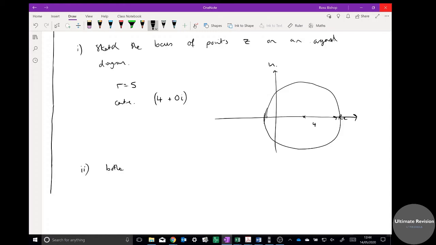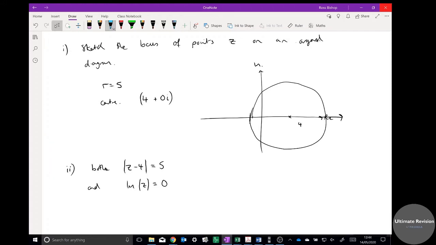So what satisfies both this equation, so that equation is the whole circle, and the imaginary part of z equaling 0. Okay, so where does the imaginary part of z equal 0 on that circle? Well, it's going to be here and here.